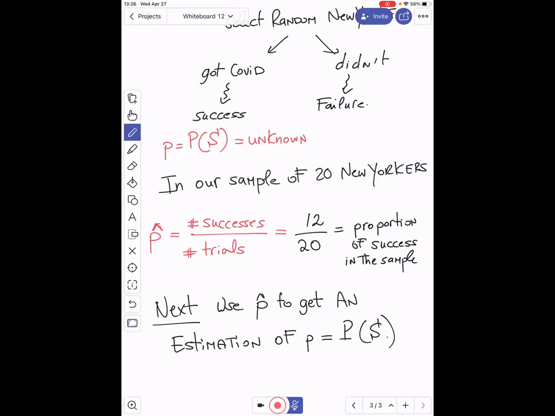It's just a different way to compute this margin of error E using this P hat. Then there are about two sections left in chapter 9.